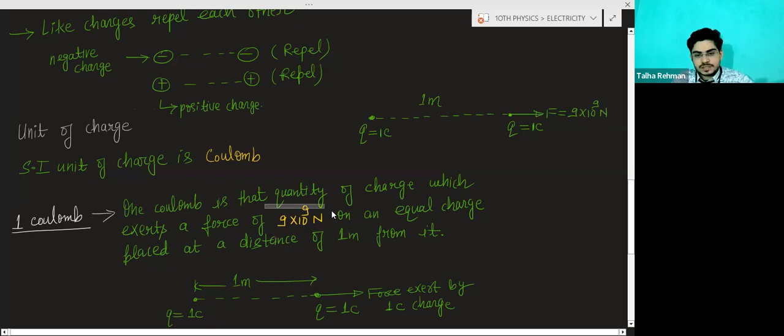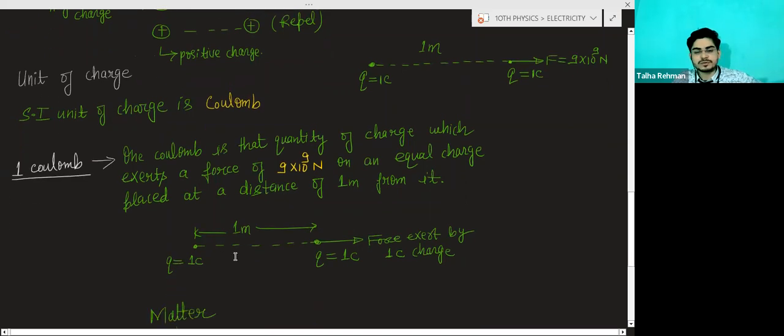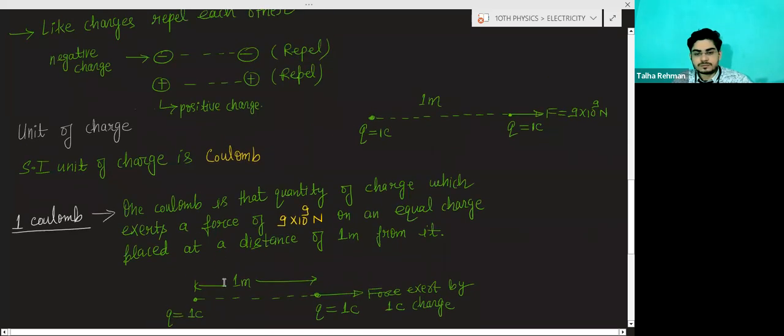For the derivation of this we should know Coulomb's law, which is a part of the 12th class. So right now just learn this. 1 coulomb is the quantity of charge which exerts a force of this much on an equal charge, or you can say 1 coulomb charge placed at a distance of 1 meter from it. Okay. Write down this.